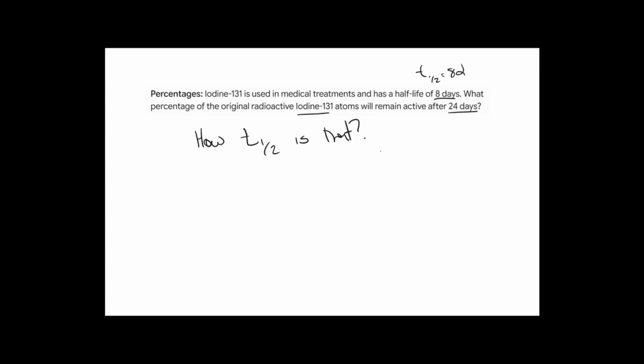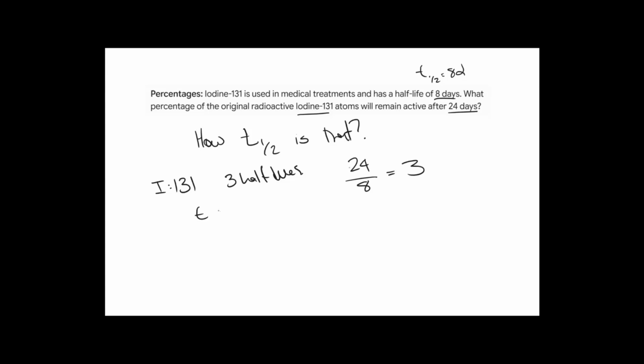The way we find that is the total number of days divided by 8, and obviously that's going to be 3. So we're saying how much of this iodine 131 is going to be left after 3 half-lives, and then present that as a percentage. We could do it as a table.